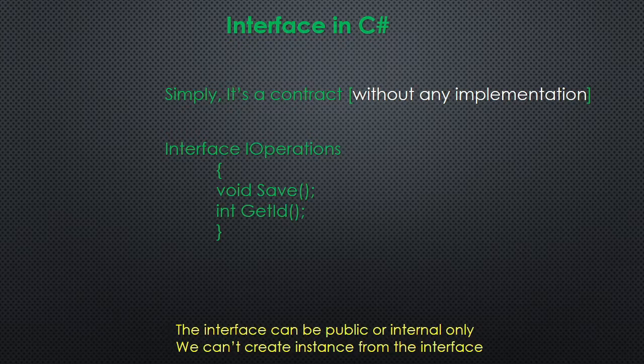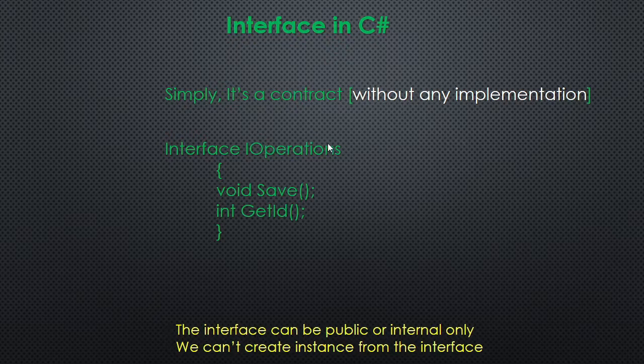We need to understand something: the interface can be public or internal only. The default access modifier for the interface is public, and we can set it to internal, but we can't set it to private. We also can't create an instance from the interface. So we can't say, for an interface called IOperation, IOperation object equals new IOperation.